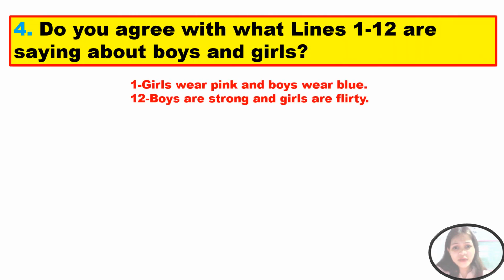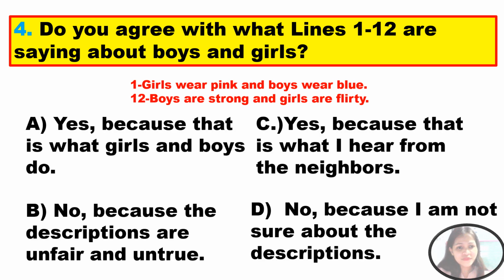Do you agree with what lines 1 and 12 are saying about boys and girls? Now, line number 1 is, girls wear pink and boys wear blue. Line number 12, boys are strong and girls are flirty. A. Yes, because that is what girls and boys do.